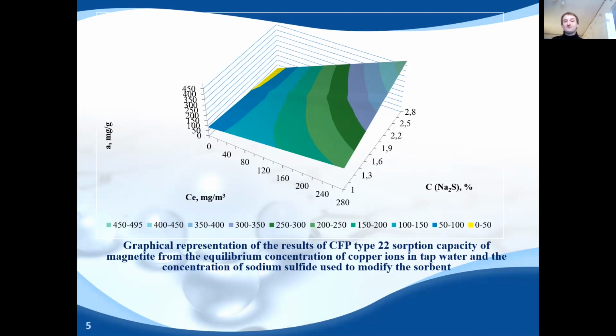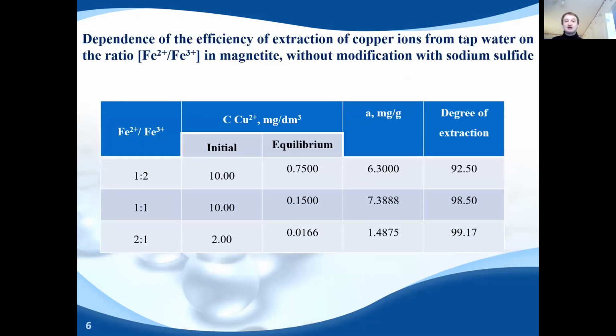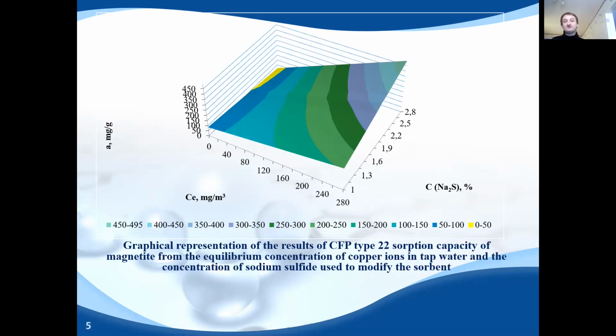Modified forms of magnetite dominate over unmodified magnetite when sorbed from tap water. Similar results are observed in the extraction of copper with distilled water. The limiting adsorption increased during the transition from unmodified magnetite to magnetite modified with sodium sulfide.